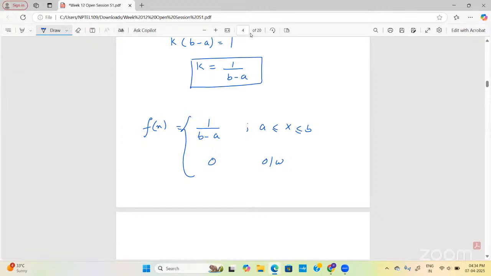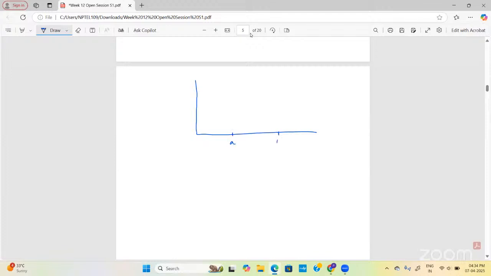Okay, if I try to make the graph of it, suppose this is A and this is B. Here we can see that it is a constant, so the curve will be a straight line. Because it is a uniform distribution, it will not be curved like this.